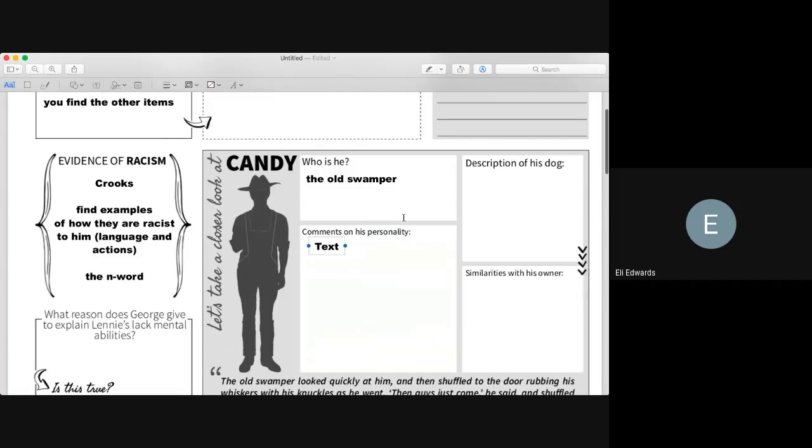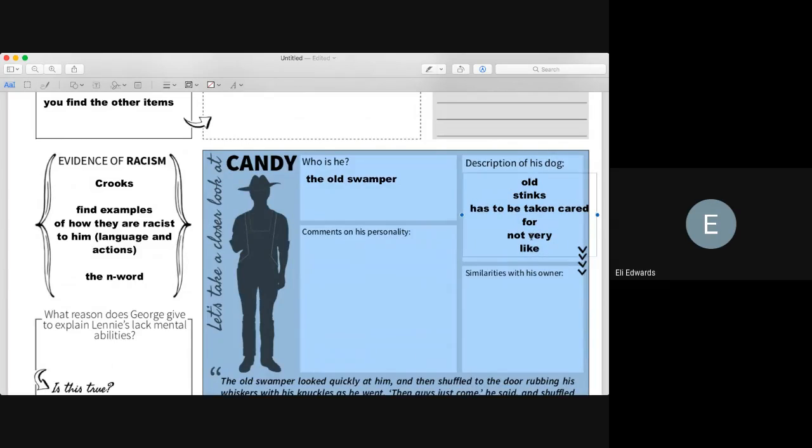If we think about the dog, usually in class we would look at the symbolism of the dog, because it's old, it stinks, it has to be cared for, and it's not very liked by the other people. So what you want to think of is, are any of these similarities, do they match Candy? And comments on his personality. As you read, write some things about him.